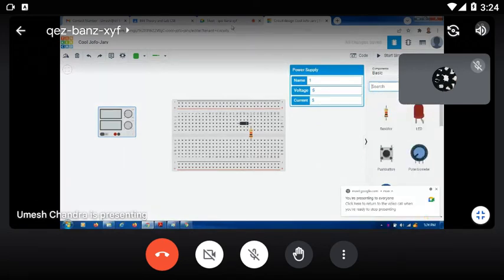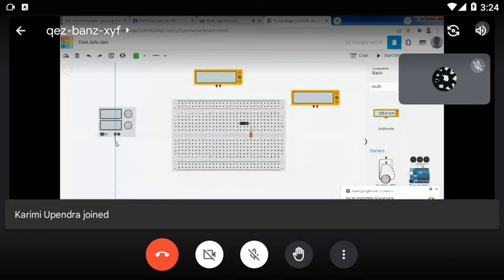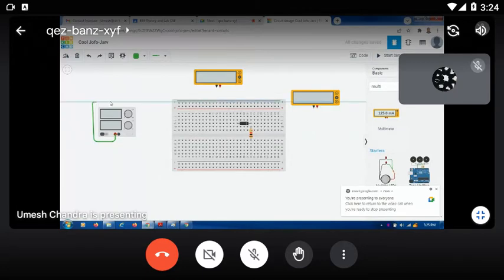Two multimeters. Then what will you do? Now the positive terminal of the power supply, the positive terminal of the power source, is connected with the positive of the ammeter.